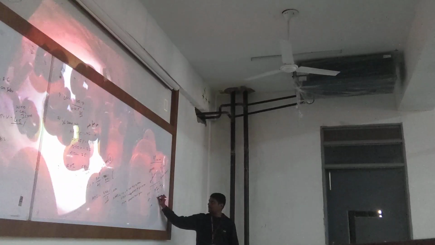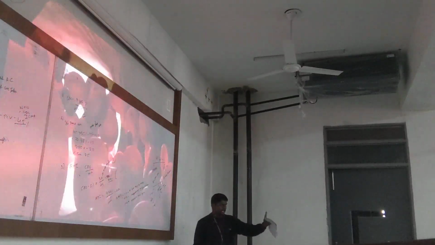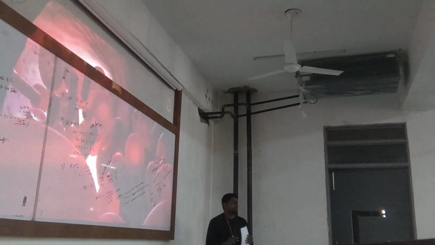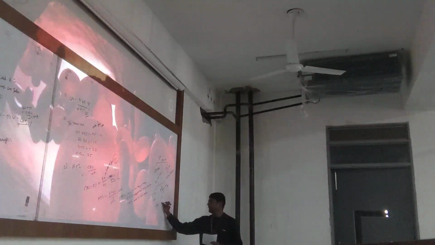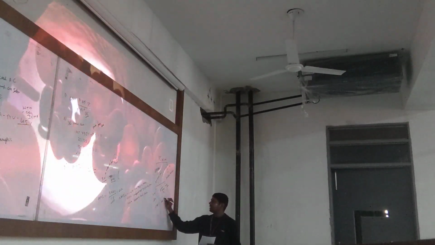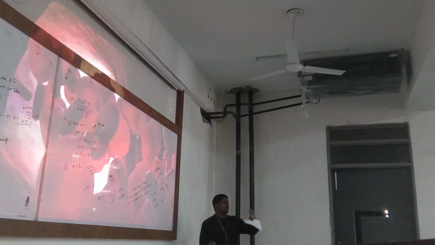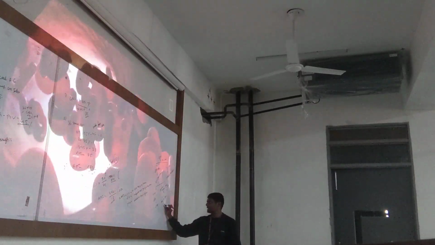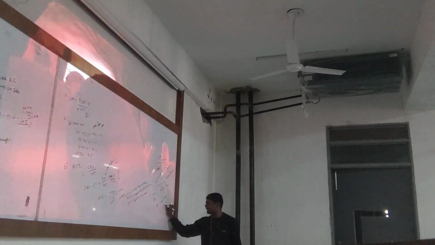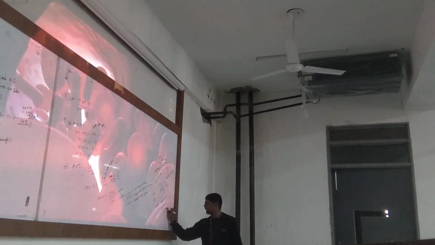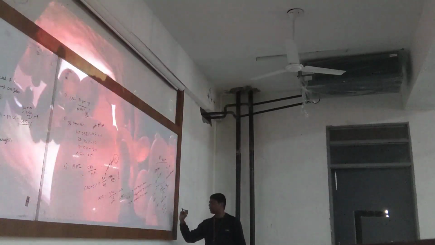Listen now, to diagnose aplastic anemia, what is aplastic anemia? Complete dysfunction of bone marrow. In aplastic anemia, all cells will be reduced: reduced RBC count, reduced WBC count, and reduced platelet count.